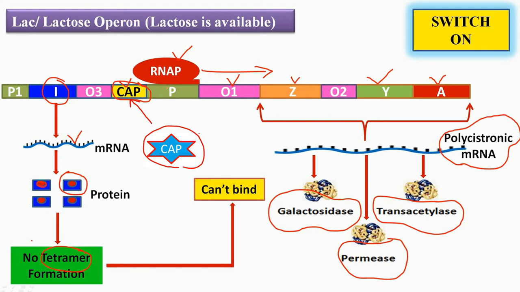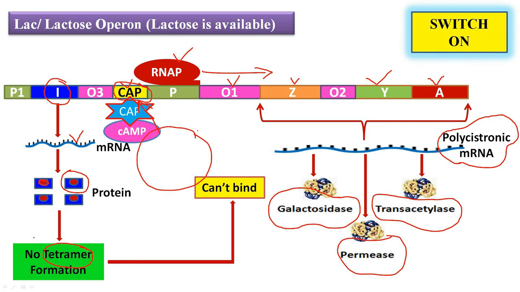It requires the help of another molecule called cyclic AMP or cAMP. When cAMP and CAP bind with each other to form a CAP-cAMP complex, then only this complex will bind to this CAP binding site, and thereby induces the binding of RNAP to the promoter site more efficiently.